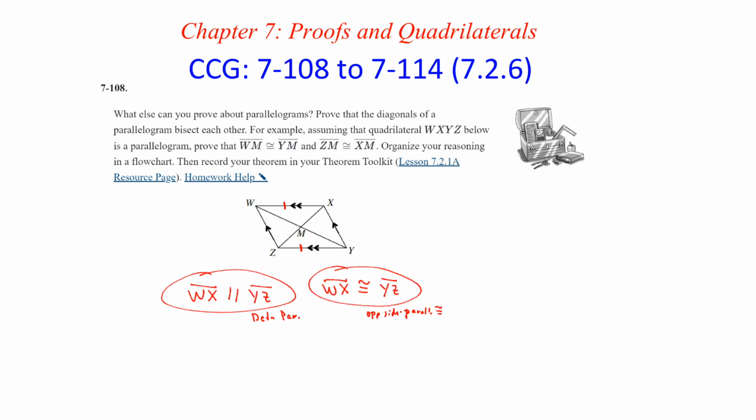And then the other thing we can add on to this is, with the parallel sides, if these lines are parallel, and we can extend them, and here is the transversal, then we know alternate interior angles are congruent. So because the lines are parallel, we know that angle WXZ is congruent to angle YZX.